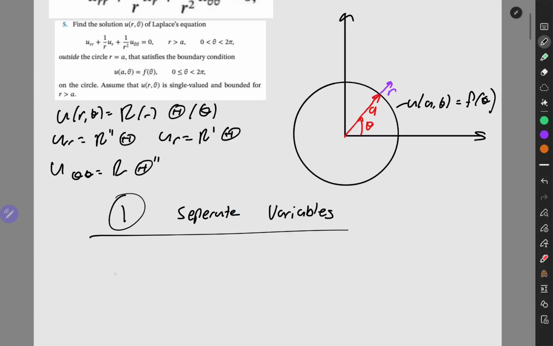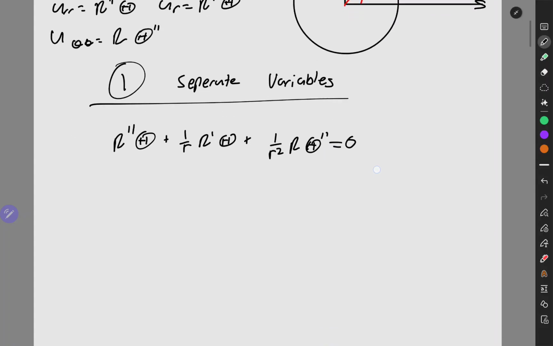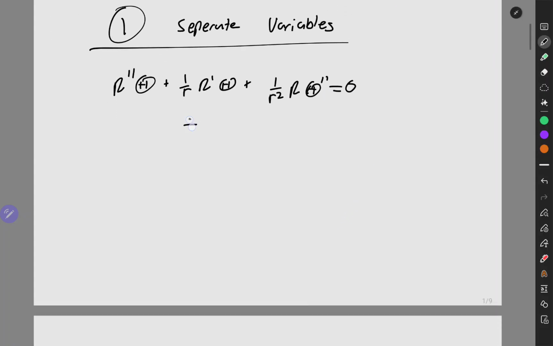So let's plug those into our equation. R double prime Theta plus 1 over r R prime Theta plus 1 over r squared u_theta theta, which is R Theta double prime, is equal to 0. So let's separate the variables. We want to divide the whole thing by R Theta in order to separate the r's from the thetas.